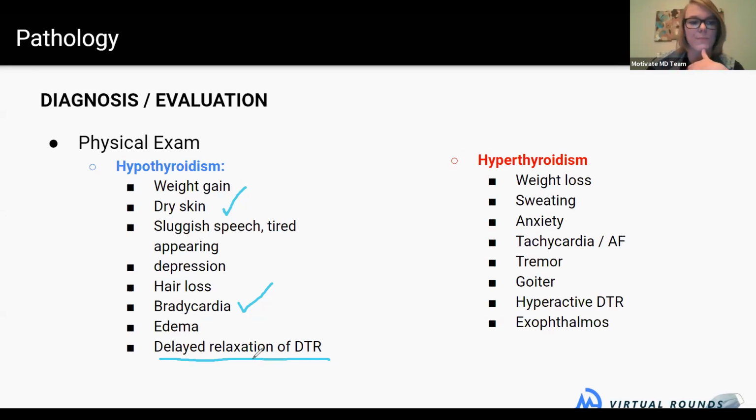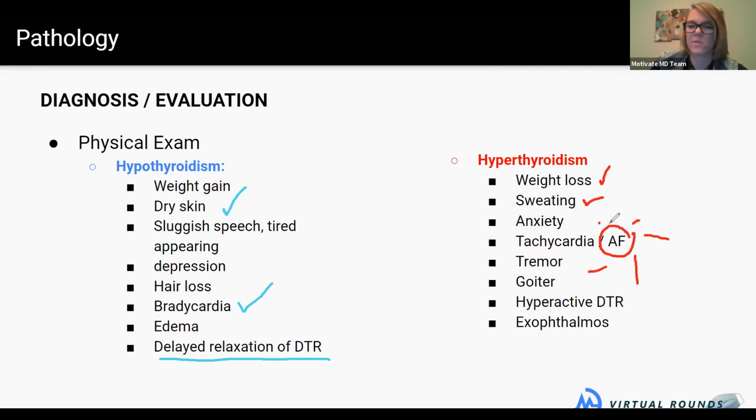Then the other things that we want to pay attention for in hyperthyroidism, let me change my pen here to be congruent. Weight loss, sweating, that's the opposite of hypothyroidism, and then atrial fibrillation. I want you to pay attention to this one. I'll put stars here.